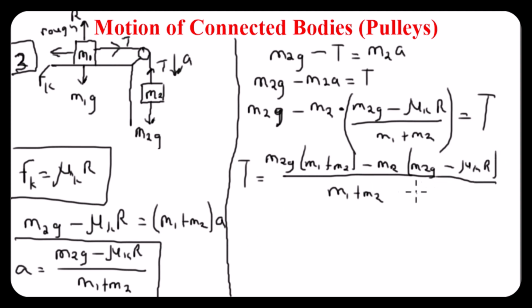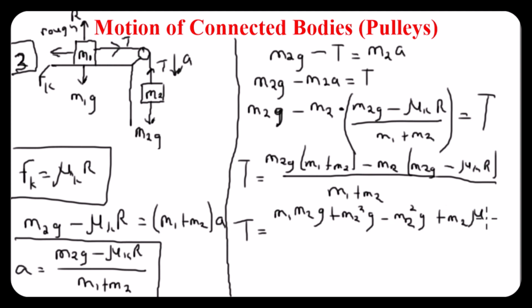Now, if you leave your expression like this, it is right, but we can still simplify to something much more refined. What do we mean? M2G times M1 will have M1 M2G. M2G times M2 would have M2 squared of G, minus M2 times M2 will have minus M2 squared of G, and minus M2 by mu KR would have plus M2 mu K R, and everything here divided by M1 plus M2.